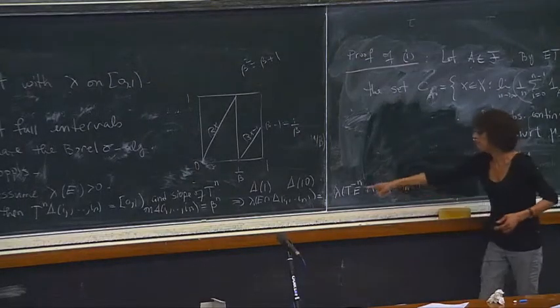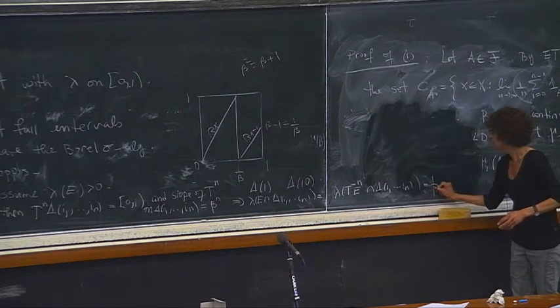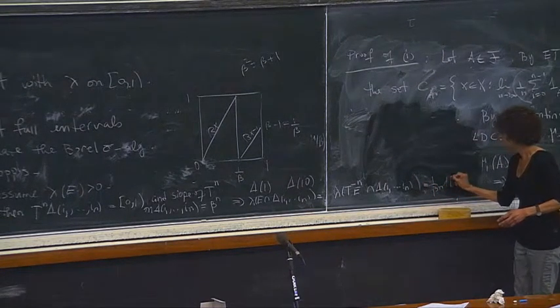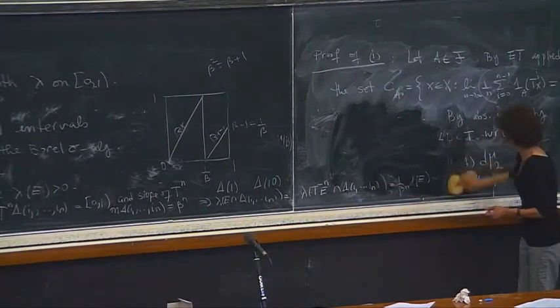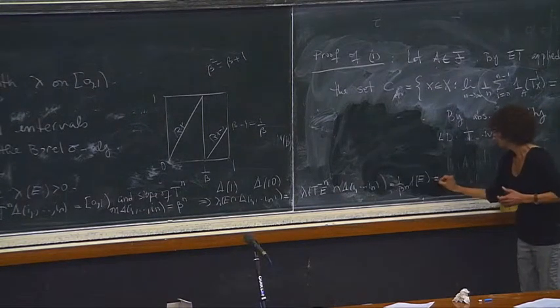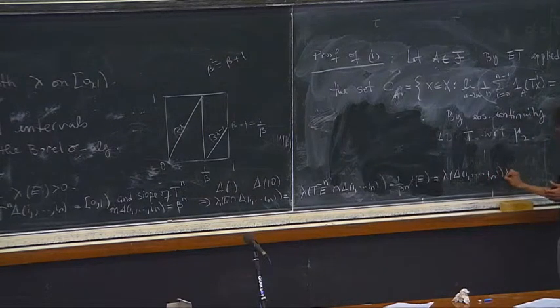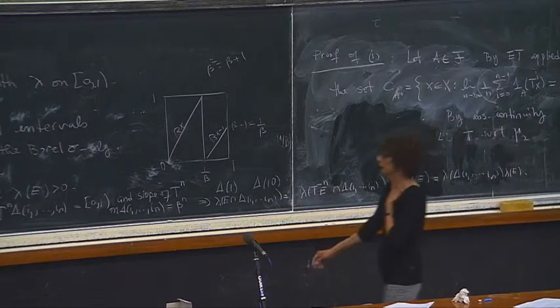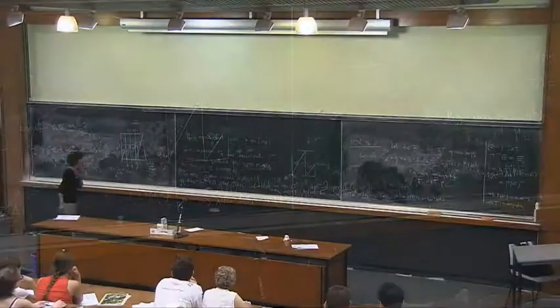This will have a proportion of 1 over beta to the n of the measure of E, lambda of E, and this is the Lebesgue measure of this interval, and I'm done. So gamma is again lambda of E. And you get that E has measure 1. Lambda of E is 1, and that means mu of E is also 1.